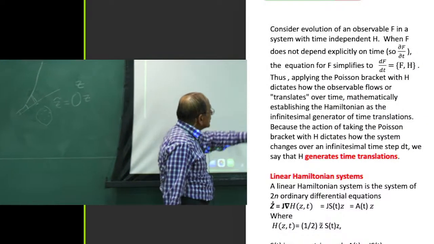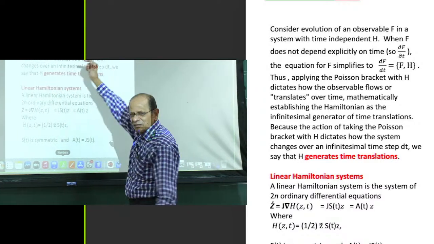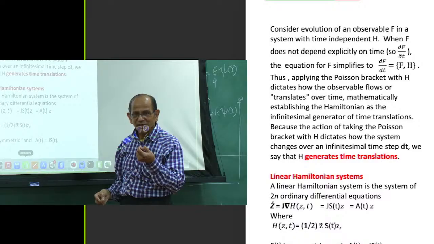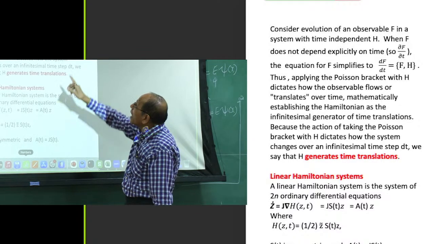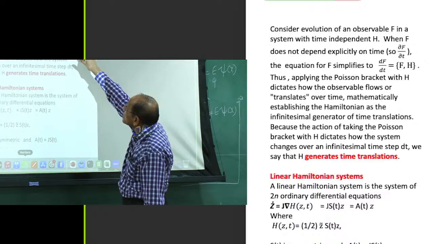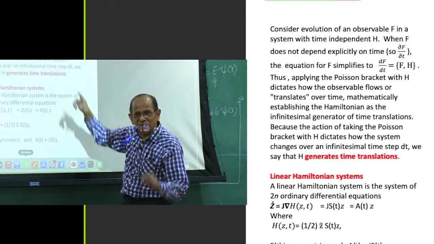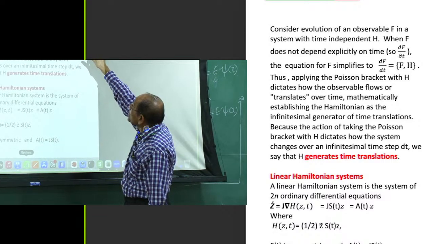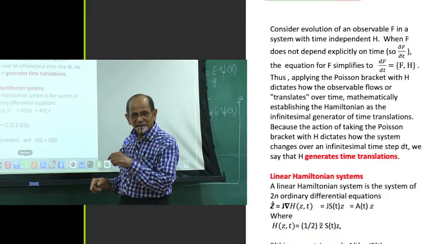Look at that equation. df by dt is the Poisson bracket of f and H. If I take a small time step, how would I expect f to change? I would expect f to change by df by dt into dt in a small time step. That is equivalent to the Poisson bracket of f and H into dt, right?